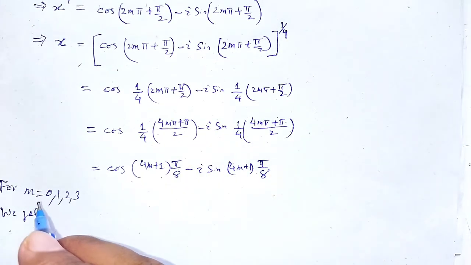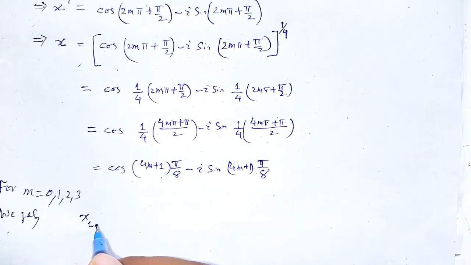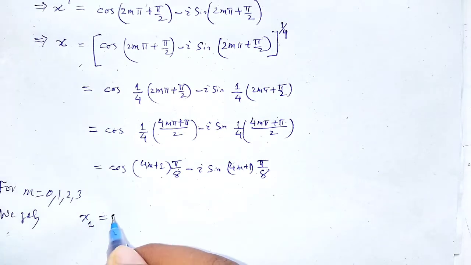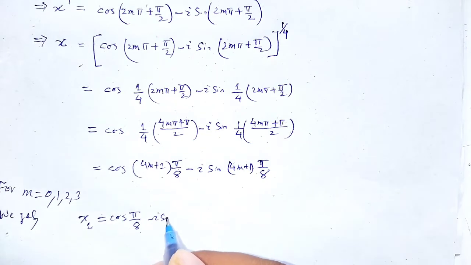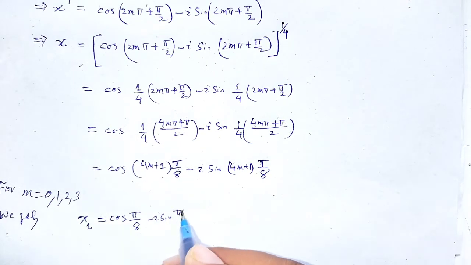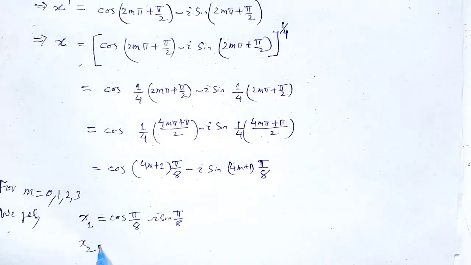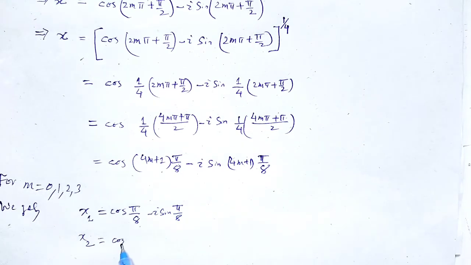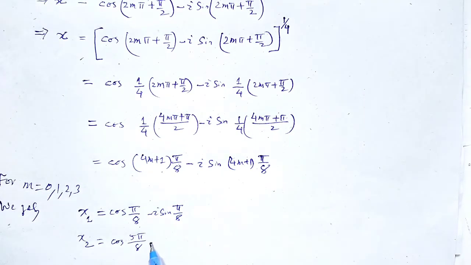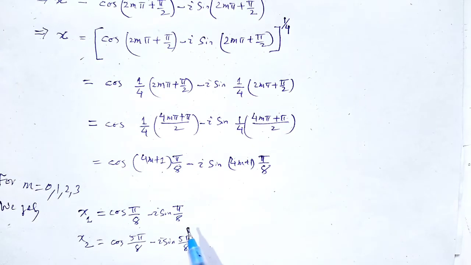putting m as 0, we have root x1 as cos pi by 8 minus i sin pi by 8. Next x2, putting m is equal to 1, we have cos 5 pi by 8 minus i sin 5 pi by 8.